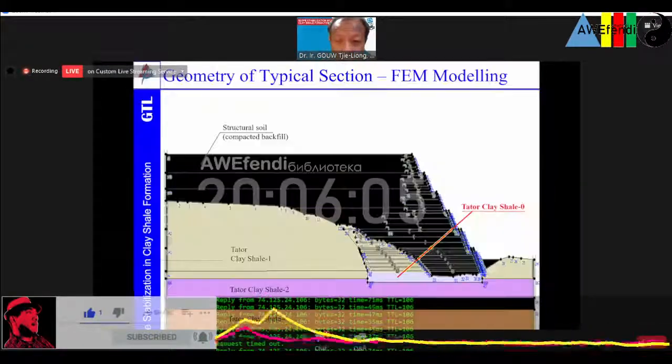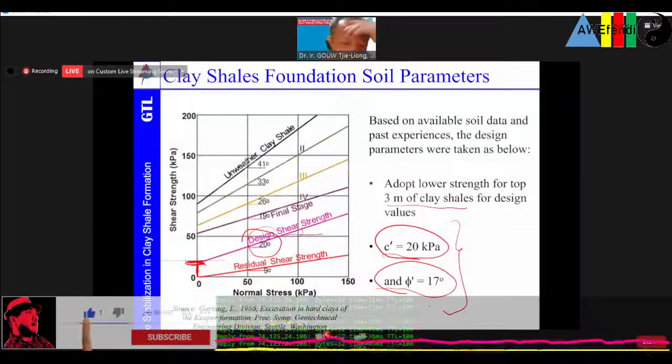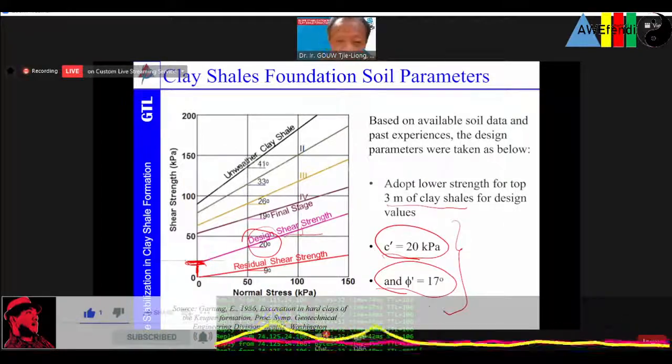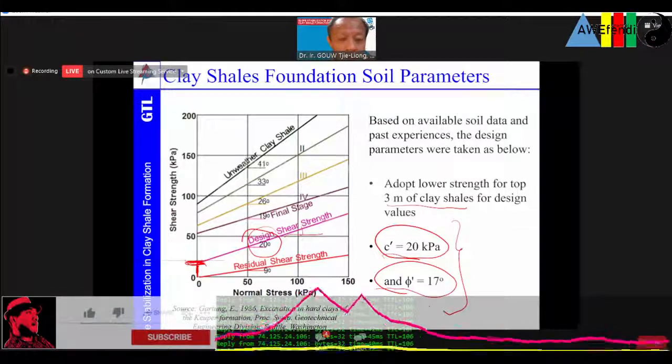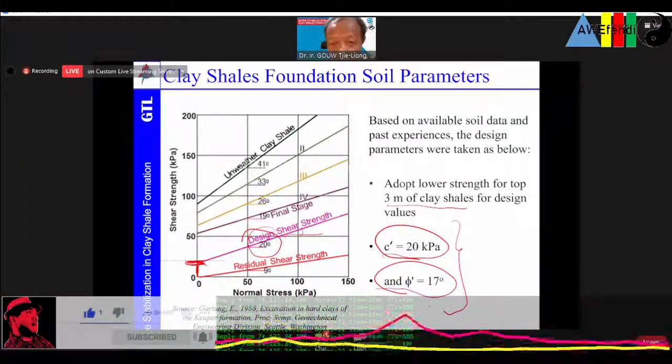That is, of course, when you ask me based on what, based on this chart and based on my judgment in order to prevent the unwanted situation, right? Unwanted collapse or unwanted performance of the geosynthetic reinforced wall later on.